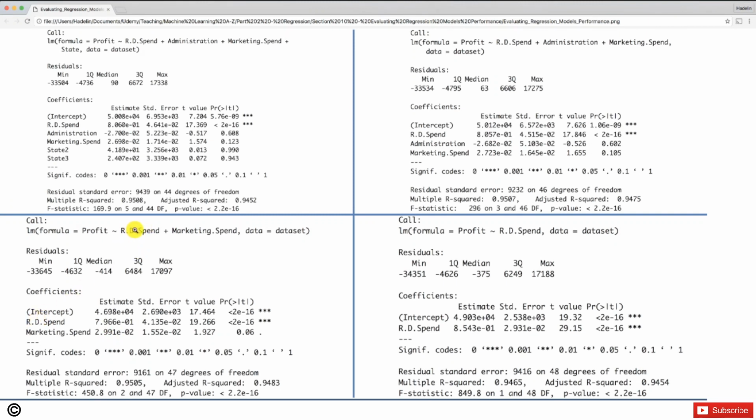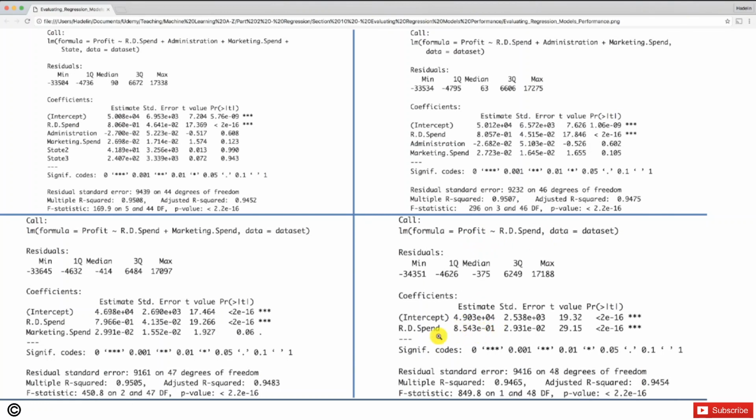So for instance, in this example, your coefficient of marketing, which is 0.029, means that given that R&D spend is already in your model and it's fixed, then marketing spend contributes this additional effect of 0.029, meaning that if you were to run a different model and take out R&D spend, then the coefficient would be completely different. And that's what we see here, that when we take out marketing, the coefficient for R&D spend changes.